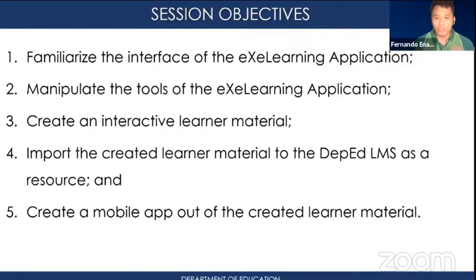We will export our output into a mobile app, and later you will see how amazing it is. In part 1 of the mobile app there were many steps, but on this particular application, there's almost nothing. All you have to do is upload and then it's there. So I'll train everyone on that later on.